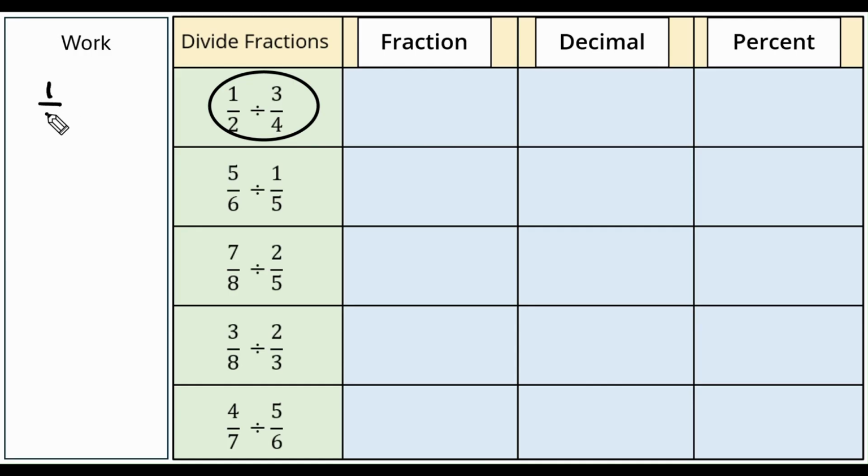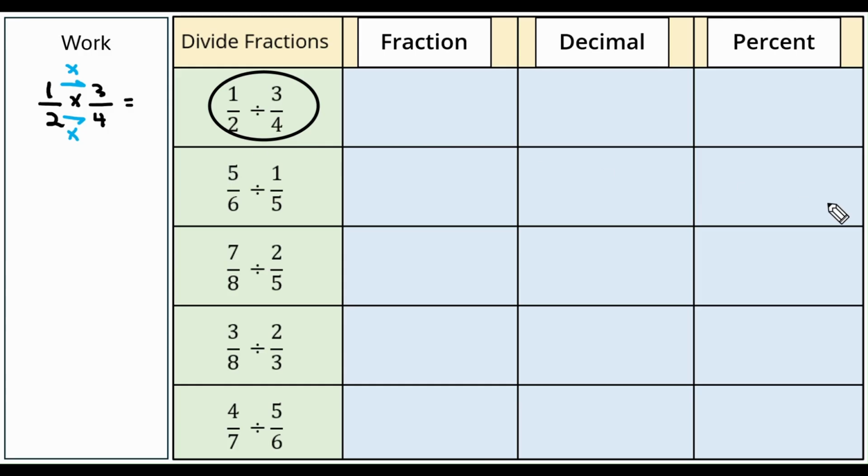If I would change my problem to 1/2 times 3/4, what we learned in the past, when you multiply fractions, you just multiply straight across. 1 times 3 and 2 times 4. So when you multiply fractions, you just go straight across.